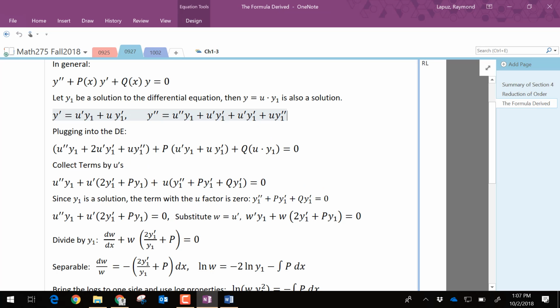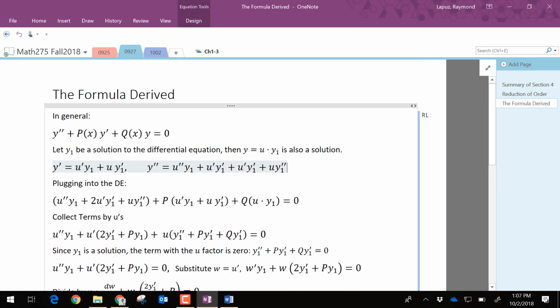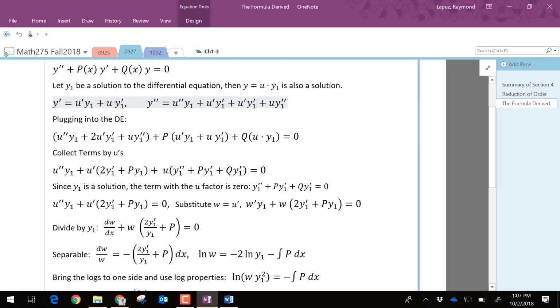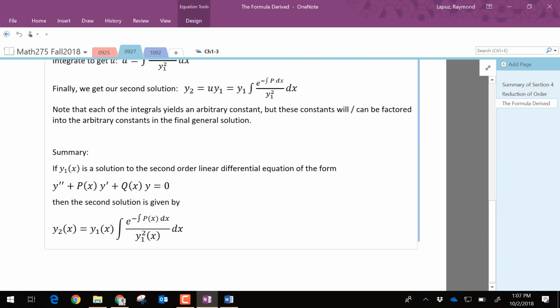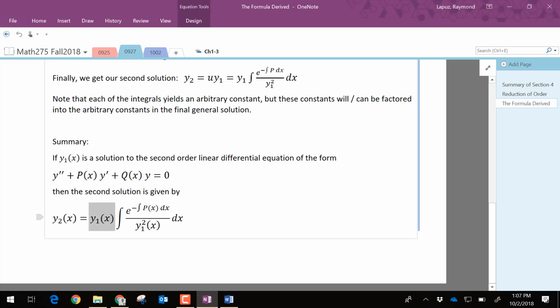So at the end of your notes, I added in a general derived formula for at least second order differential equations. Here it would just require you to take a look at a formula instead of the stuff that you guys did. This is kind of like the shortcut. So let's see if we can use this shortcut for our reduction of order.